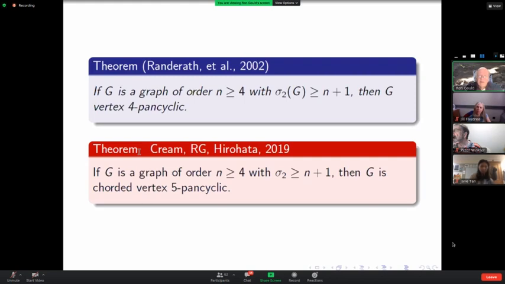We were able to take exactly the same sigma 2 condition and show that then G is chorded vertex 5-pancyclic. So every vertex is on a chorded cycle of length 5 on up to the Hamiltonian cycle. I believe we had an example where there was a vertex not on a 4-cycle.